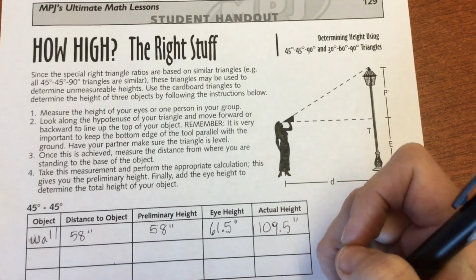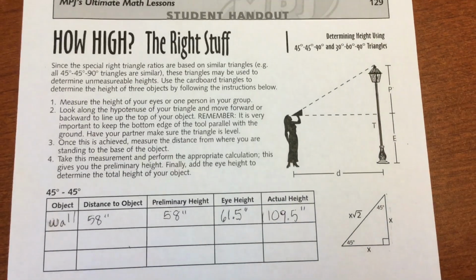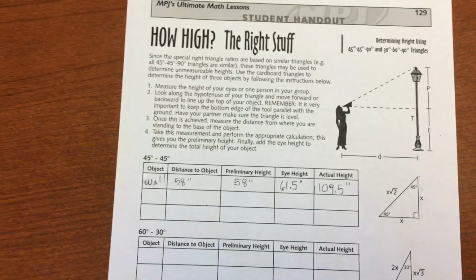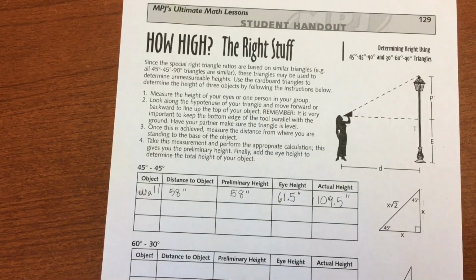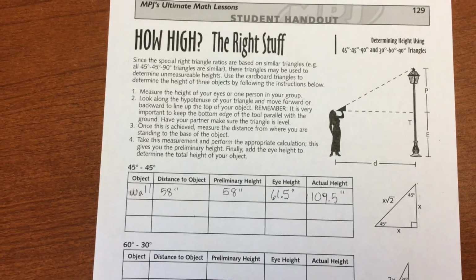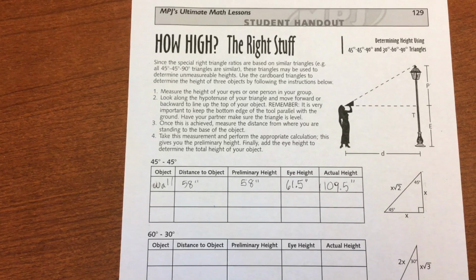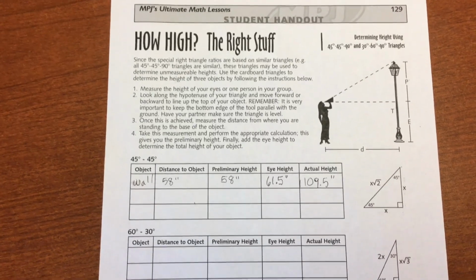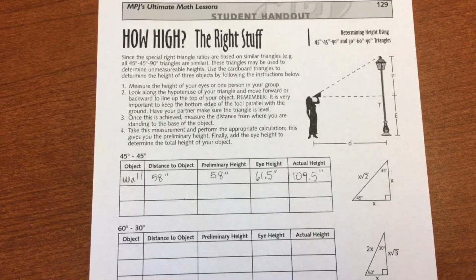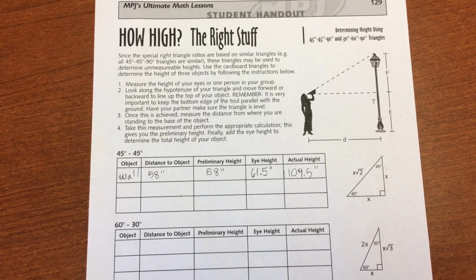Now I could check that if I had a ladder, but the point of this is that I do not have a ladder. You will not copy this down onto your paper unless you want to copy it above the table, because you're going to do three objects that are different from my wall. You're going to pick the height of three things.